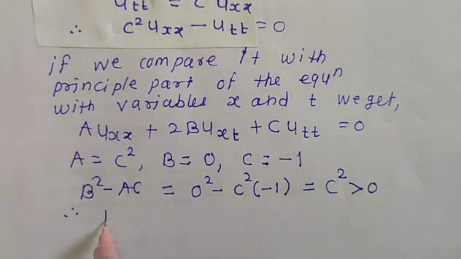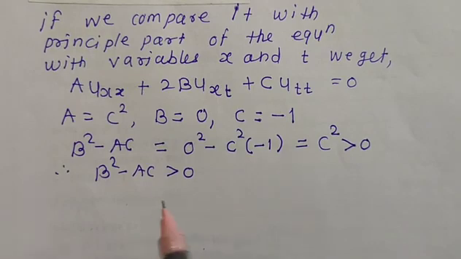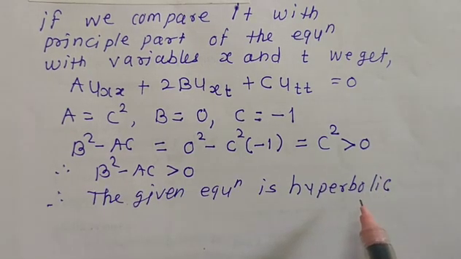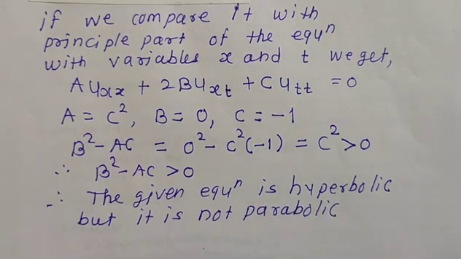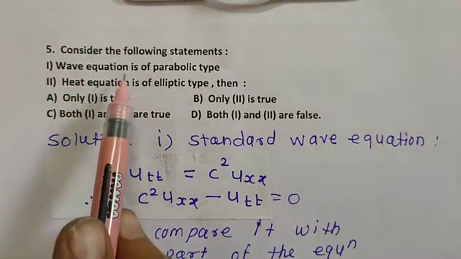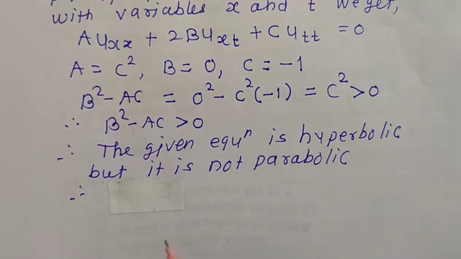So definitely B square minus AC is positive. And this indicates that the given equation is hyperbolic. And if it is hyperbolic, then it is not parabolic. But condition first says wave equation is of parabolic type. So this is wrong. So this indicates that statement first is wrong.